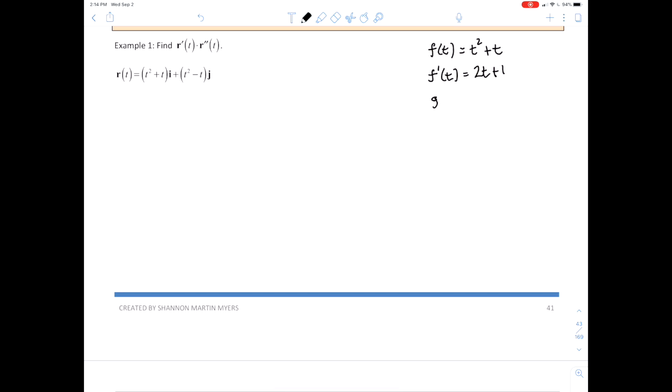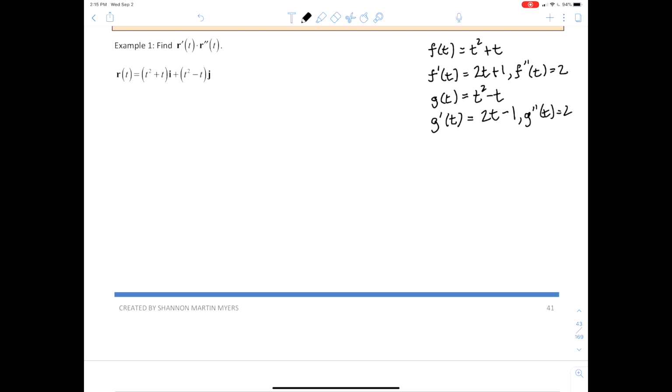And g at t is also equal to t squared minus t. And so g prime at t is equal to 2t minus 1. Cool so far? So what else are we going to need? We're going to need the second derivatives as well, right? So f double prime at t will just be 2, as will g double prime at t.